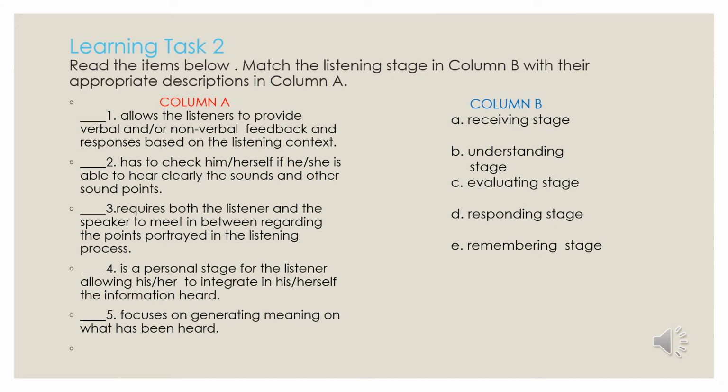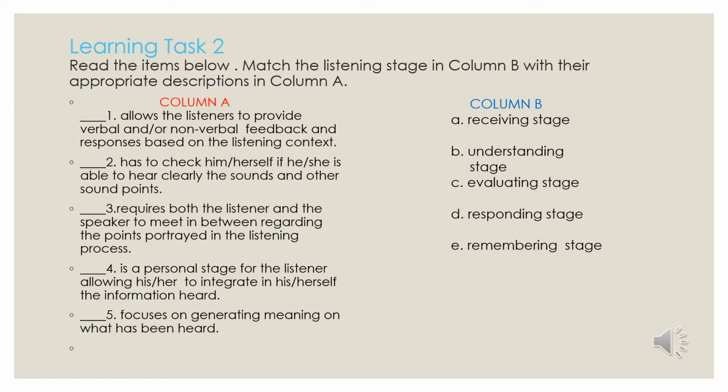For the next activity, let us answer learning task 2. For learning task 2, read the items below. Match the listening stage in column B with their appropriate descriptions in column A. Write the letters of your answers in your paper.